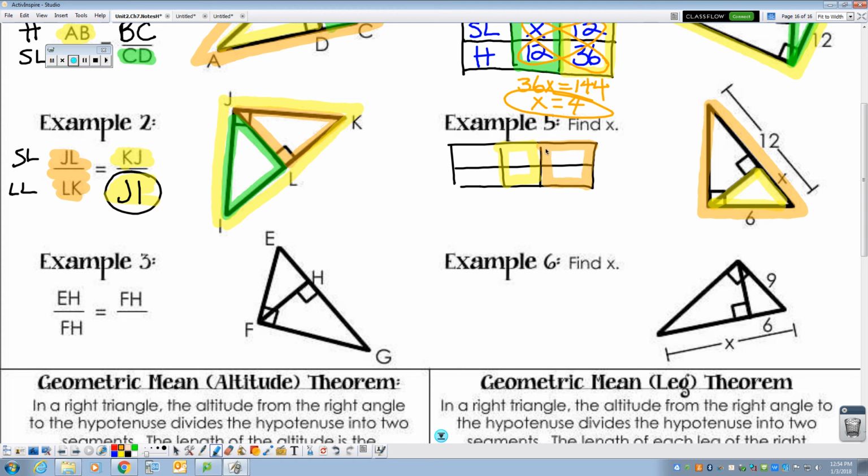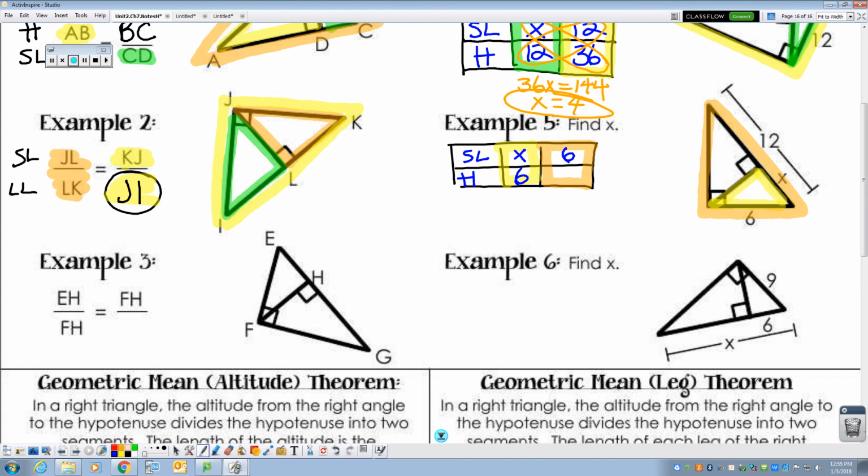And now I have to identify the parts that I have. In the yellow triangle, I have the short leg and I have the hypotenuse. So let's fill it in. The short leg of the yellow triangle is X. The hypotenuse of the yellow triangle is 6. Moving to the orange triangle. The shorter leg is 6.